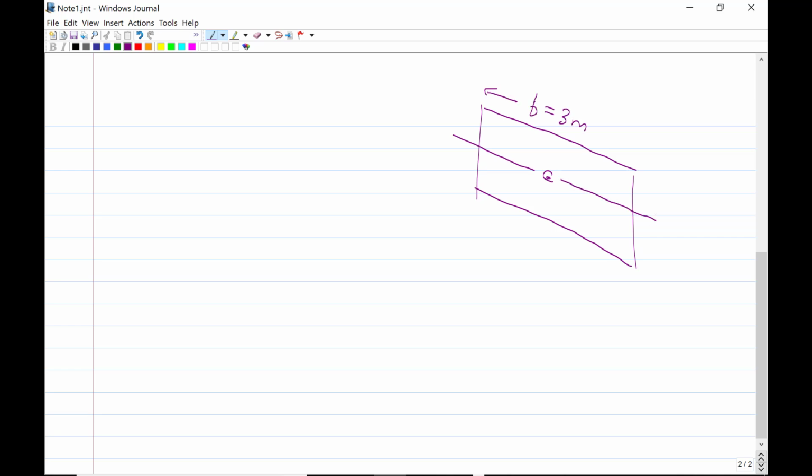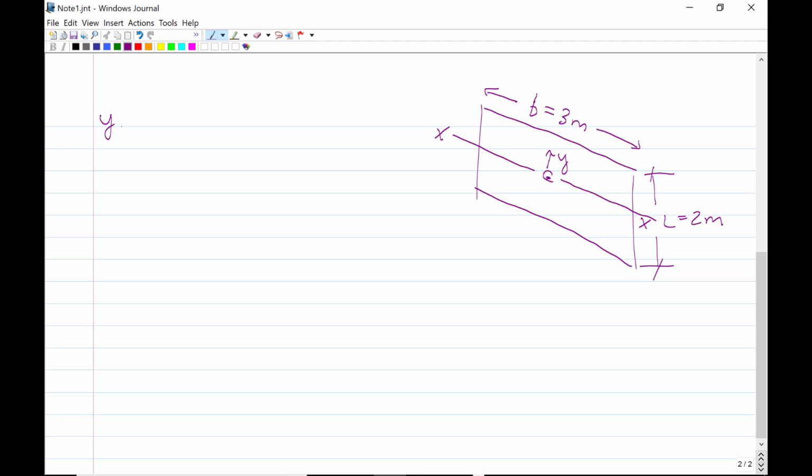Okay, and I'm just going to take a second to draw this gate in 3D. Okay, so what we're after is the location of the line of action relative to the centroid.